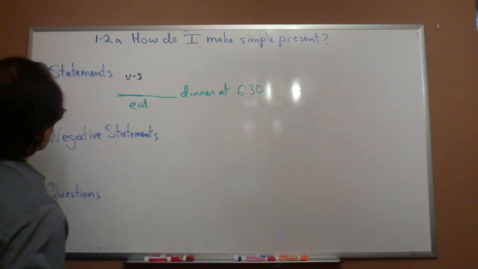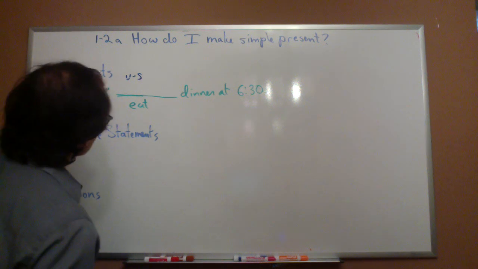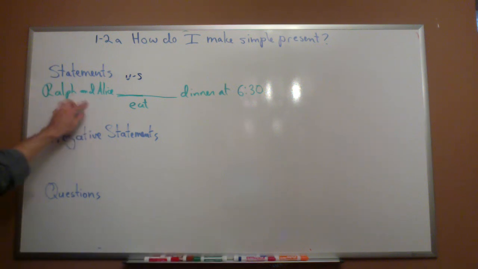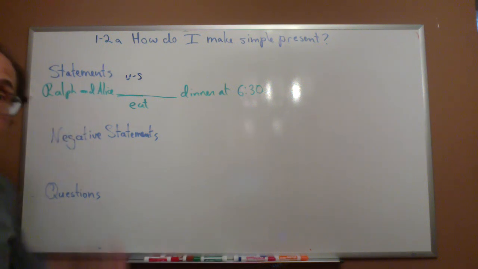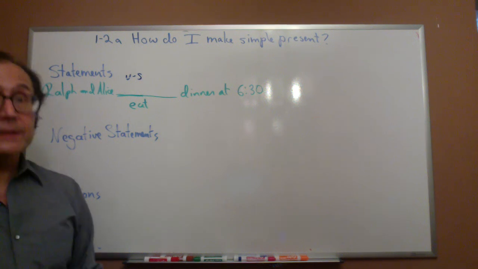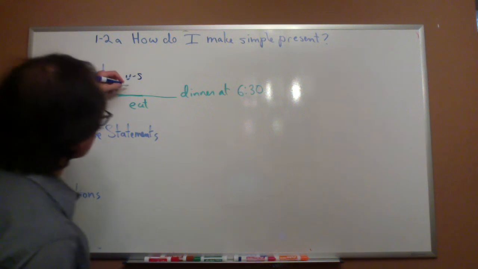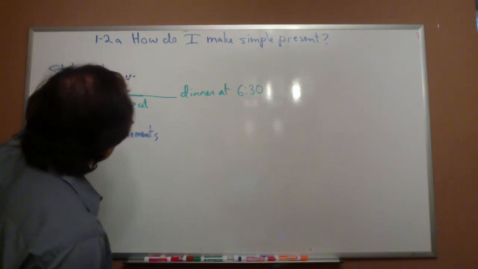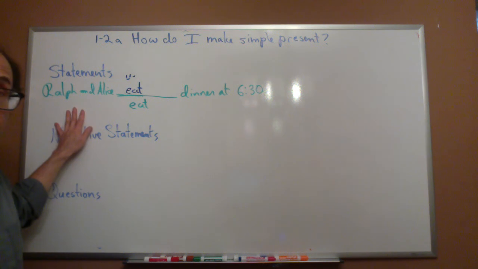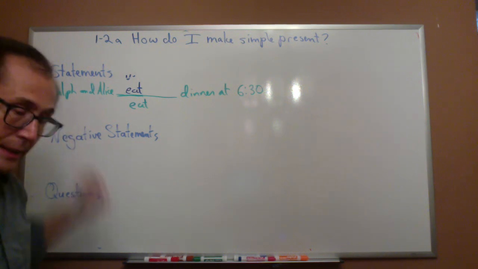Ralph and Alice blank eat dinner at 6. Because Ralph and Alice, more than one person, are a they. So because it's not a he, she, it, it's they, I would say Ralph and Alice eat, no S, dinner at 6. So he, she, it uses an S. Everything else, I, you, we, they, no S.